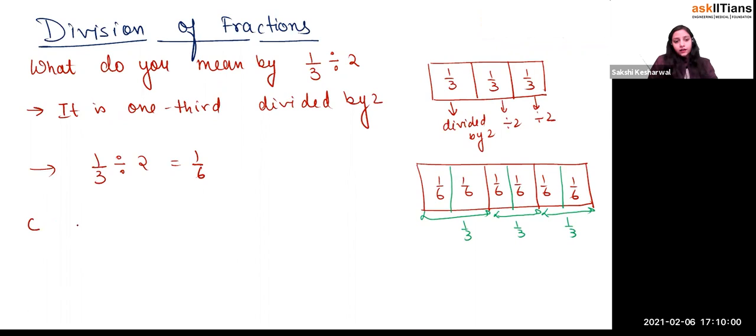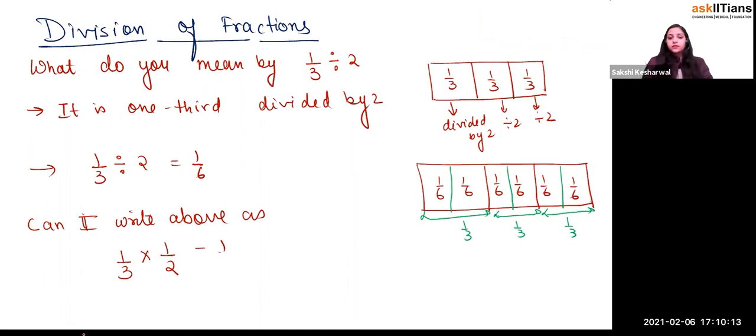Instead, can I write above like this or not? Above as 1/3 multiplied by 1/2 is equal to 1/6? Yes or no?